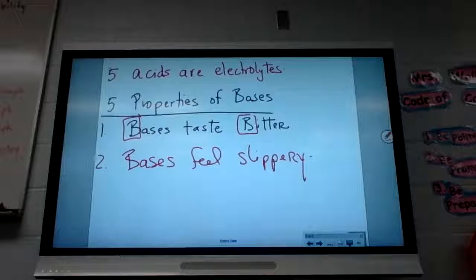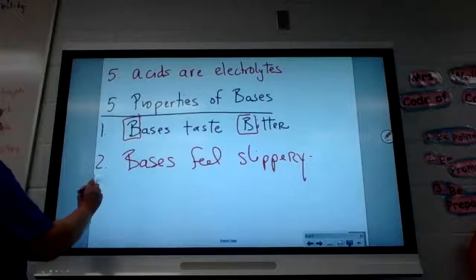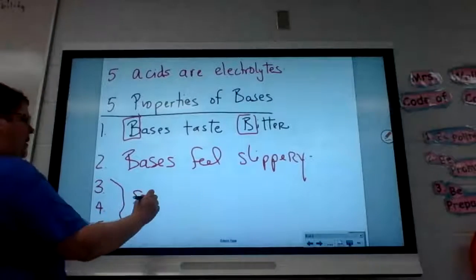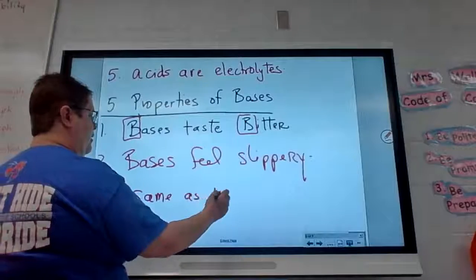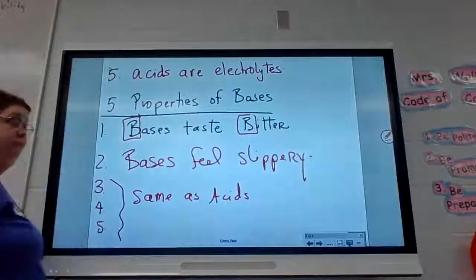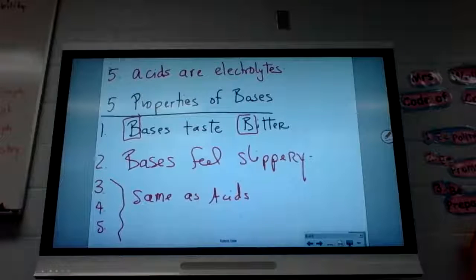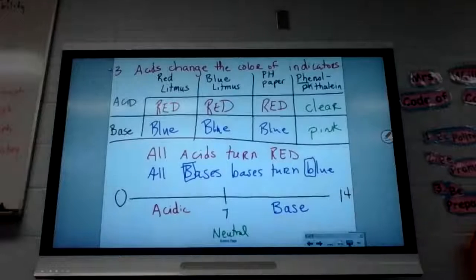Now, 3, 4, and 5 are the same as acids, except change the first word. Bases are going to change the colors of, what did it say for number 3 for acids? If I go back to number 3, it said acids change the color of indicators.